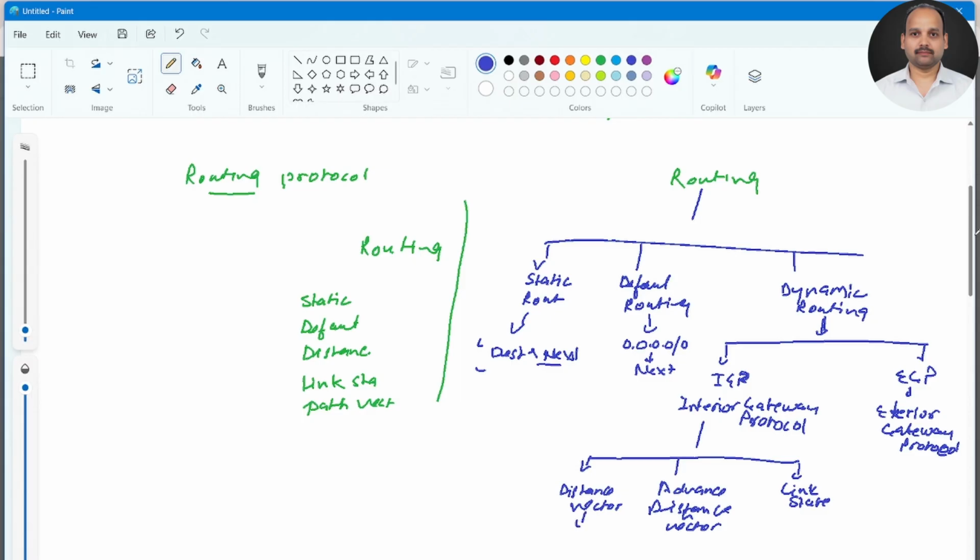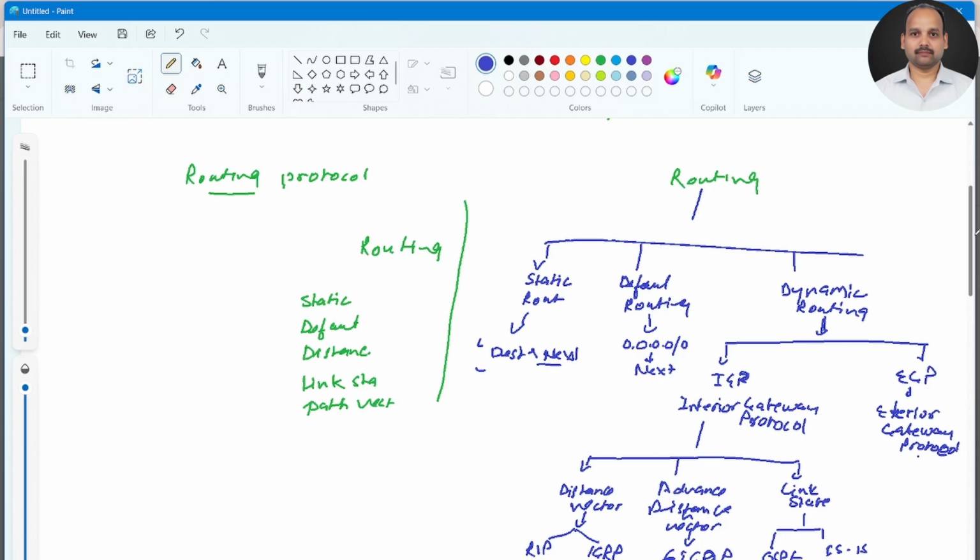In distance vector, you have two routing protocols. One is RIP and next is IGRP. In advanced distance vector, there is only one protocol, that is EIGRP. And in link state, there are two protocols, that is OSPF and IS-IS.